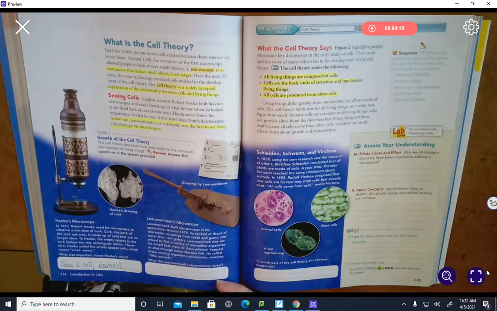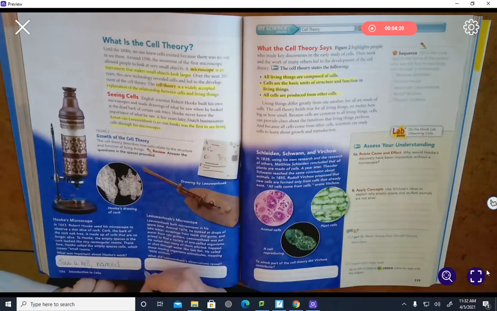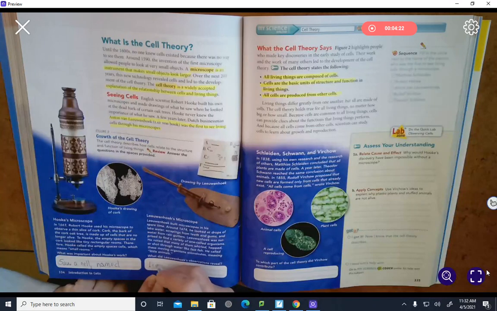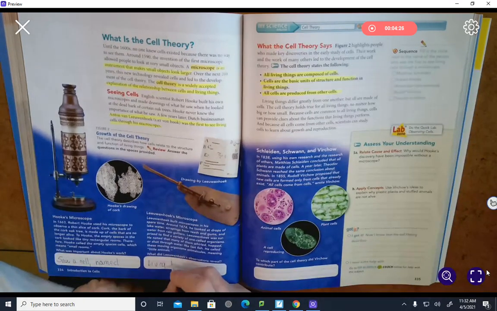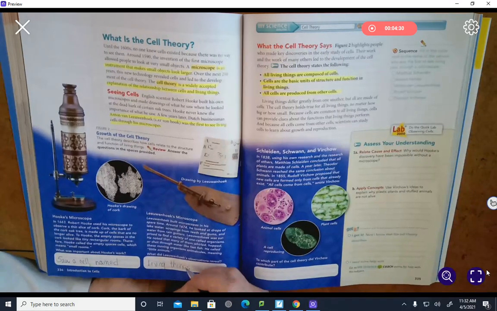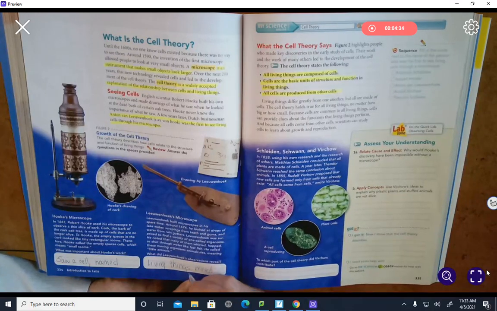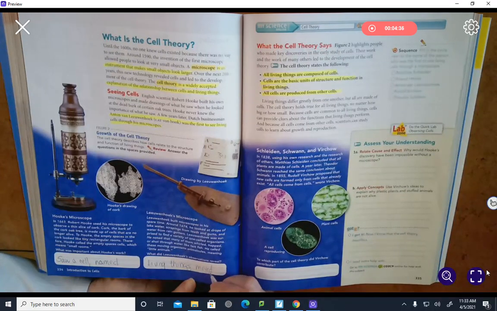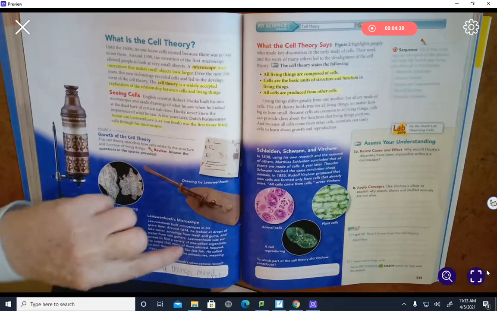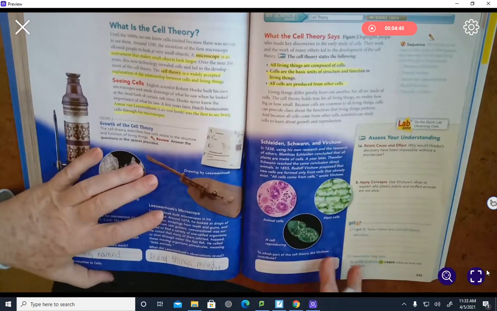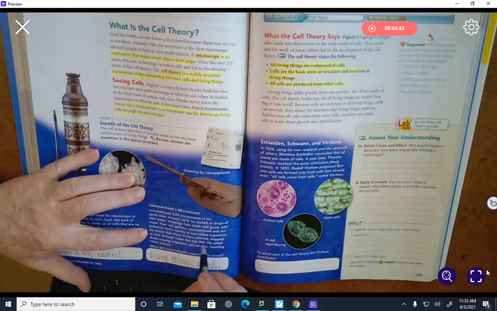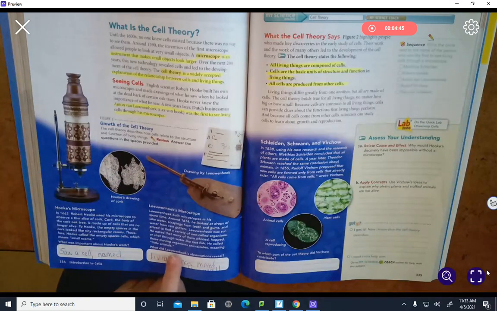So we wrote down that living things moved and were small. He was the first one to see living ones. In fact, we didn't actually know they were cells. He called them animalcules, meaning very little animals.